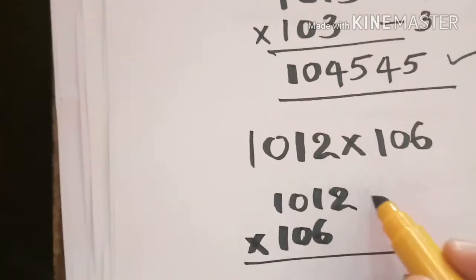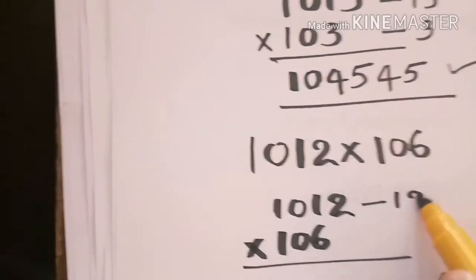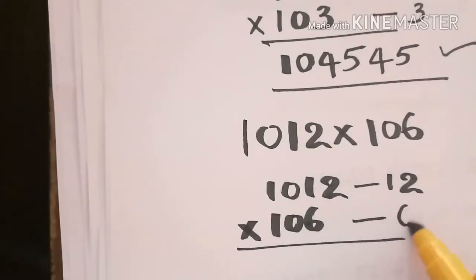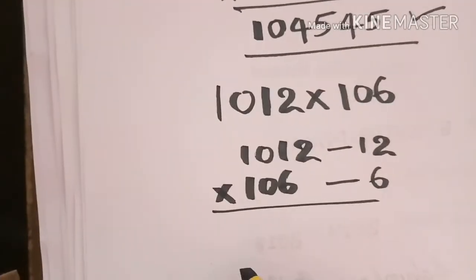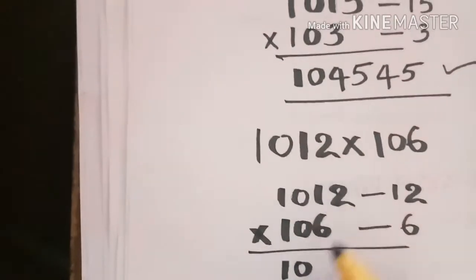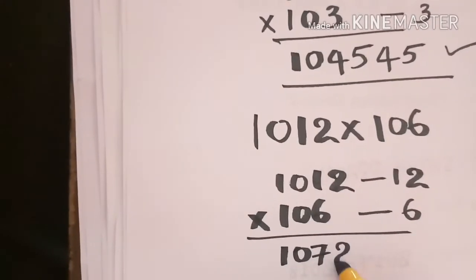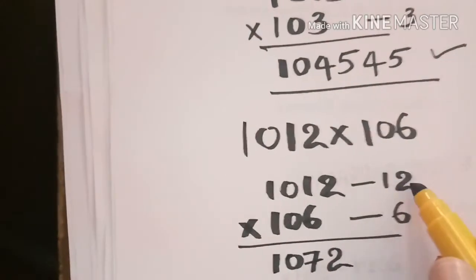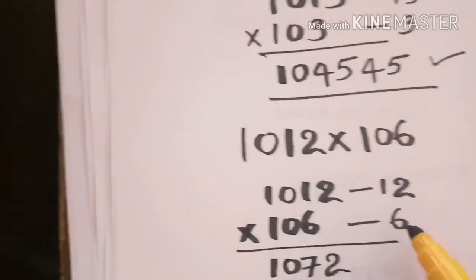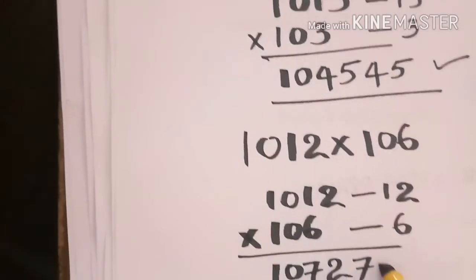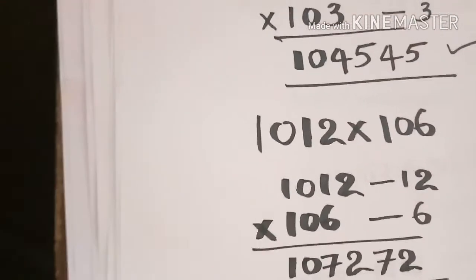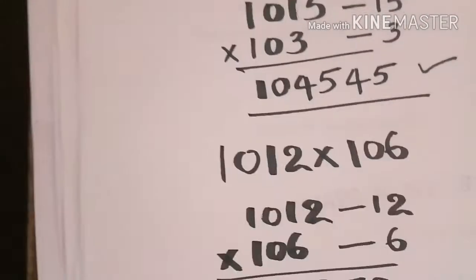See here, how many above 1000? It is 12. Simply you can write it. How many above 100? It is 6. Then 1 0 6 plus 1 2, as it is you can write the 2, and then 12 times 6 is 72. So you can write this answer 72. Very easy to calculate, very simple.